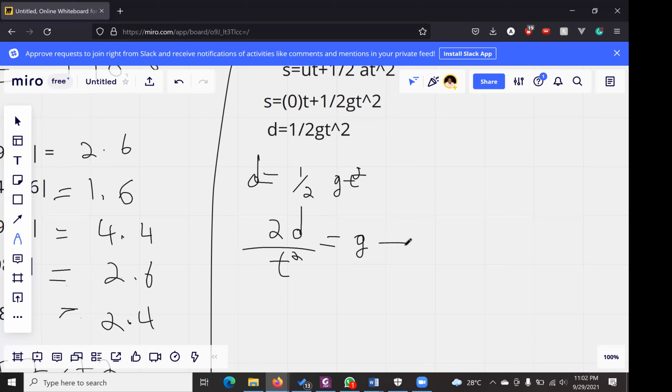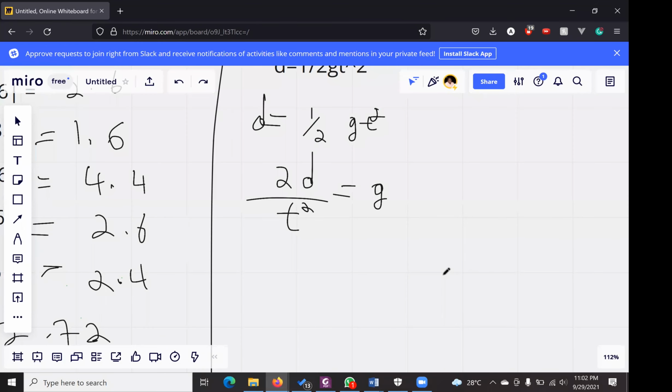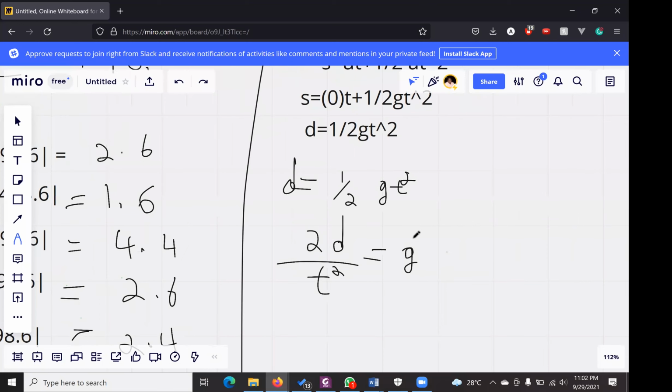They're just going to expect you to do this. Right? So, anybody question how I get 2d over t squared? All right, no problems.